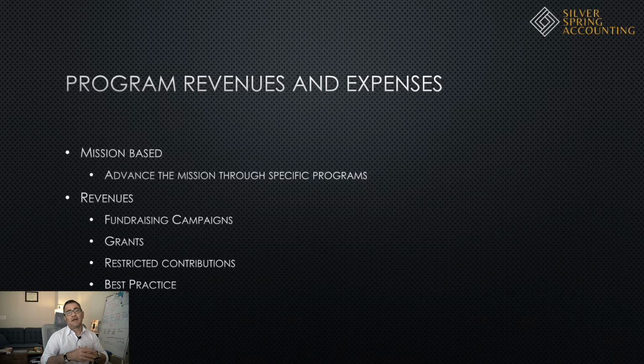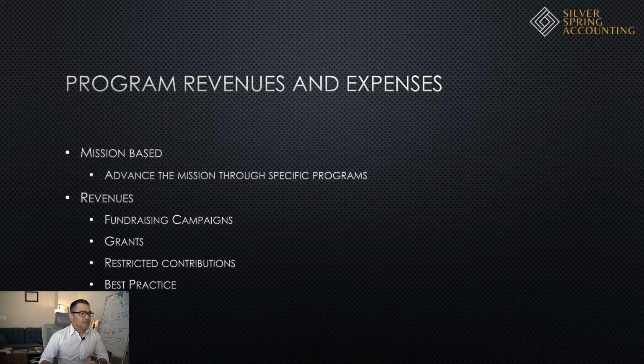Or you may apply for grants that support a specific program, a specific part of your mission. Or you may receive contributions just from donors that say, I want this to be used towards these activities, and you put that towards a program that matches those activities.